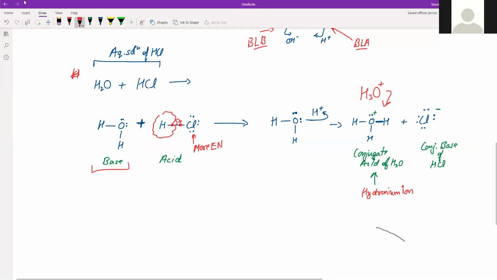It accepted a proton and became something. Now, what is this capable of? This is capable of donating a proton. So that's why this is called an acid. You can understand it that way as well. So that is Bronsted-Lowry acids and bases.